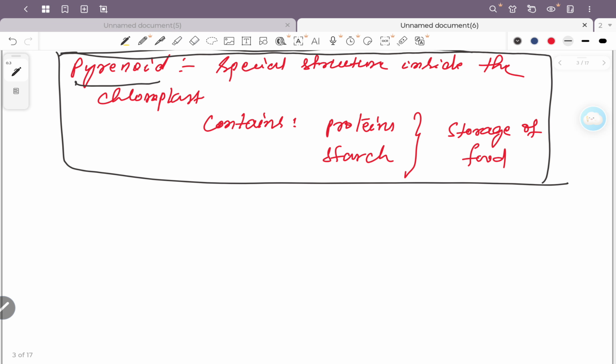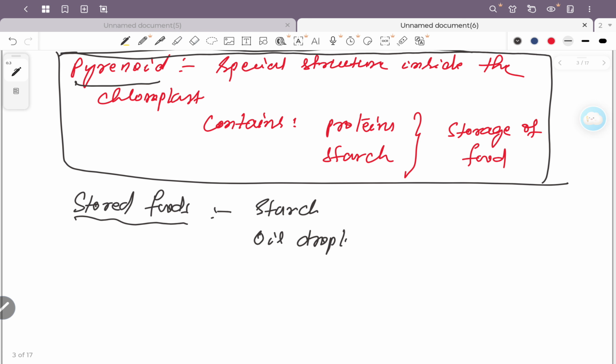Now, the other stored foods are starch and oil droplets. The oil droplets are not present in all algae. They are present in some algae.